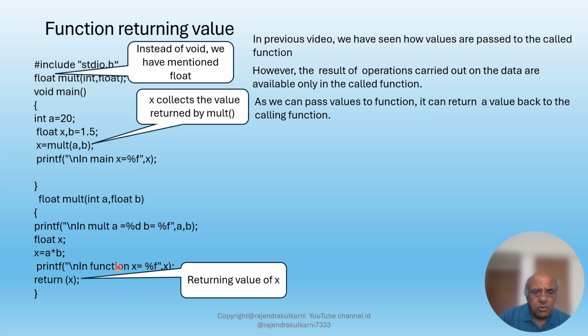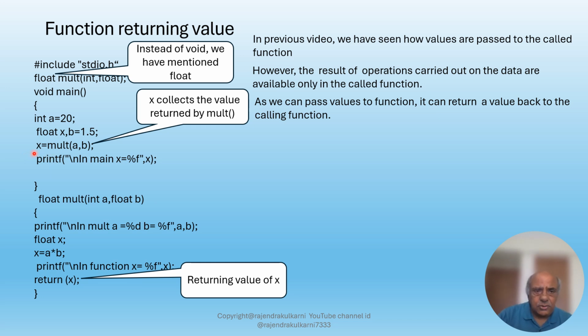This statement causes the value of x to be returned to the calling function, and it will be assigned to a variable appearing on the left of the equal to symbol we used in the function call.